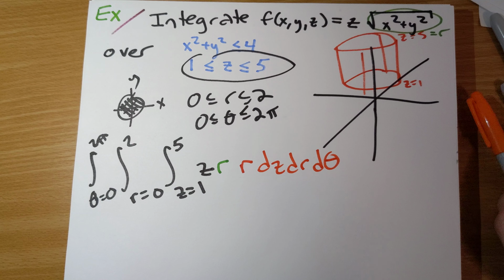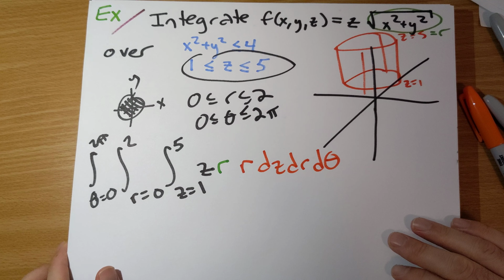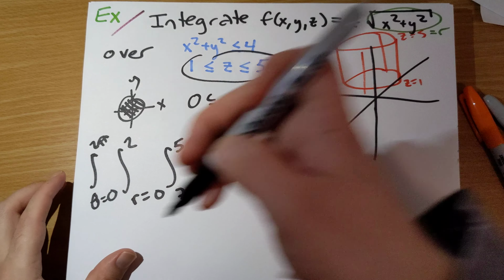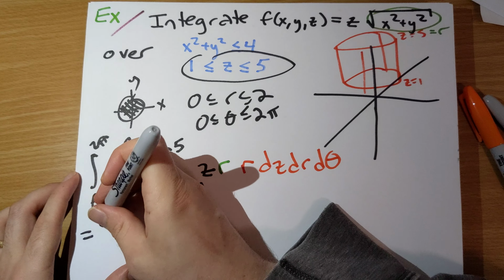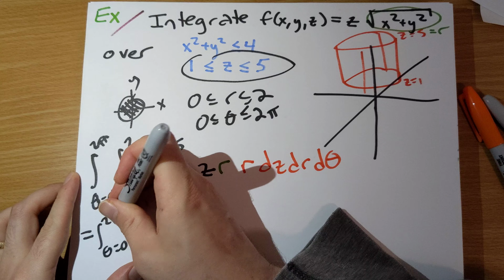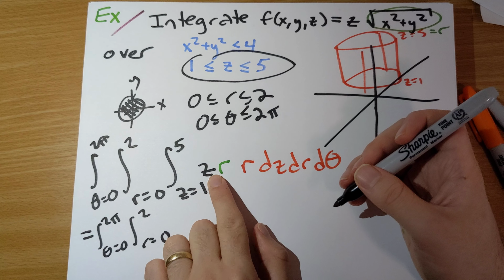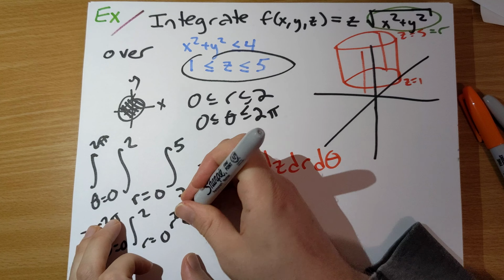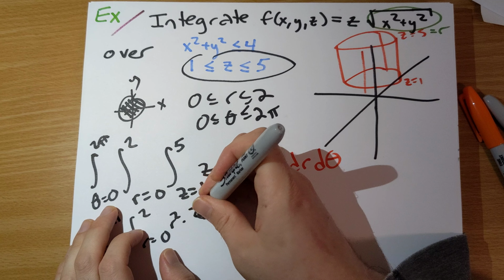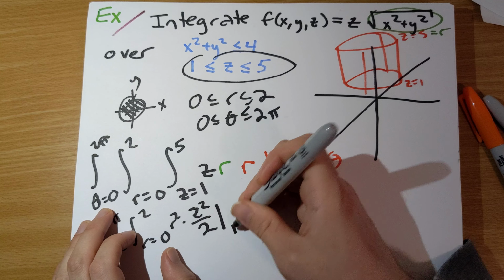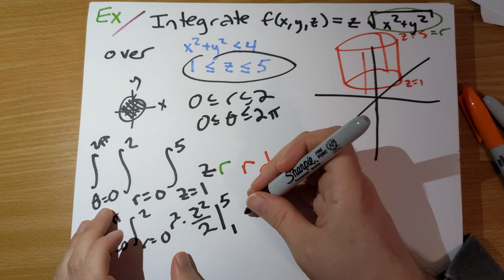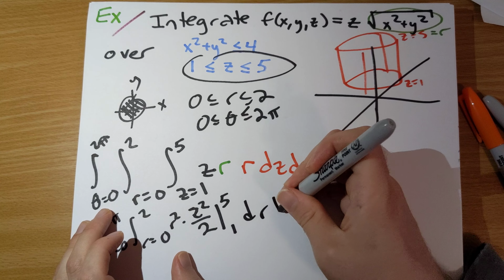This is a very straightforward integration because all the bounds are constant. So theta runs from 0 to 2 pi, r runs from 0 to 2, r squared times z squared over 2, plug in 1 to 5, dr d theta.